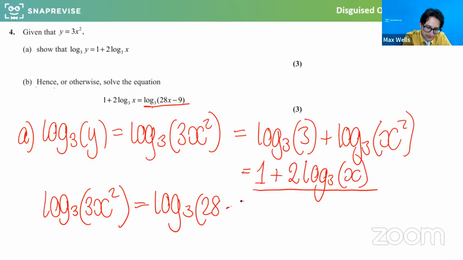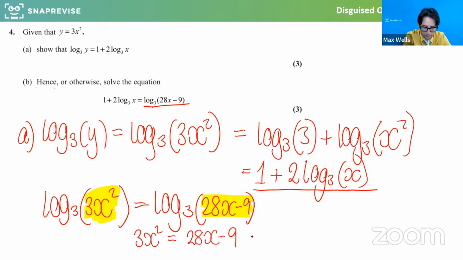Now, guys, this is where we can overcomplicate it and we don't need to. Because it's log base 3 of something equals log base 3 of something, are we happy that at this stage, the two somethings can just be equal? So we can just take them out of logs. So we can literally at this stage say 3x squared must be equal to 28x minus 9. And there we are, we've got our quadratic.